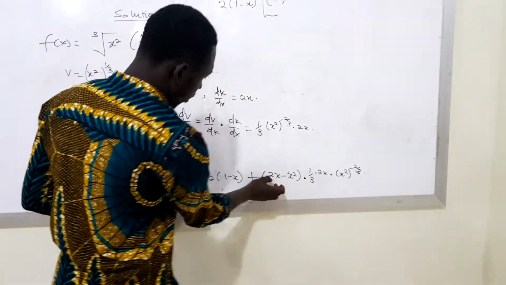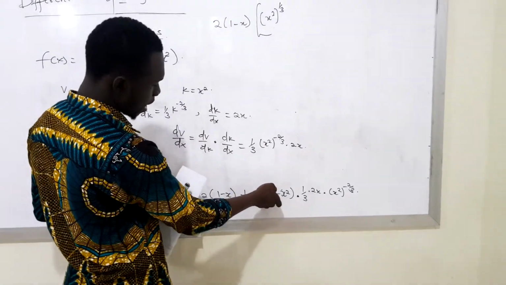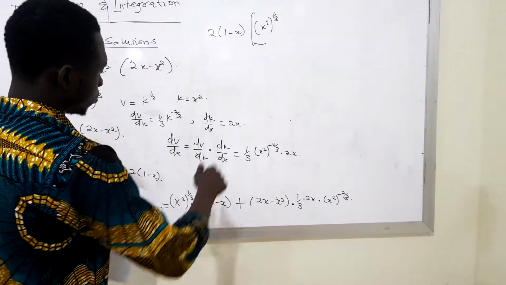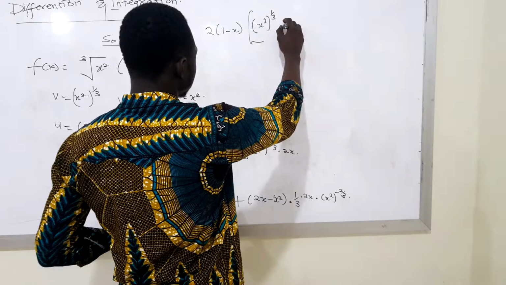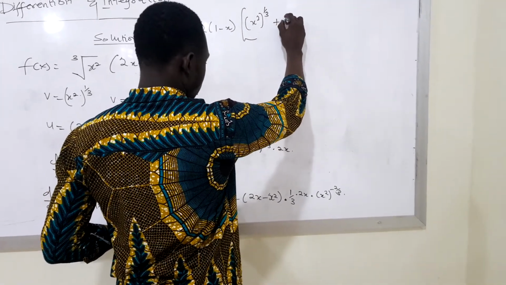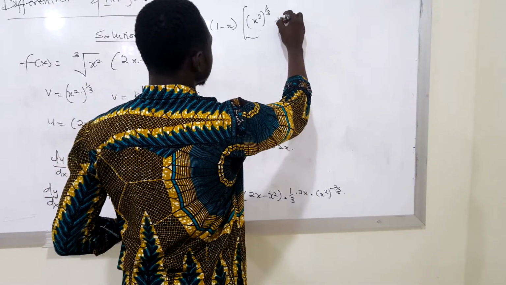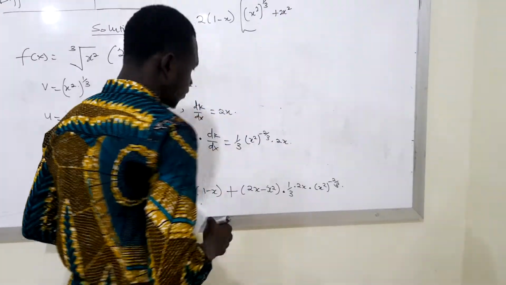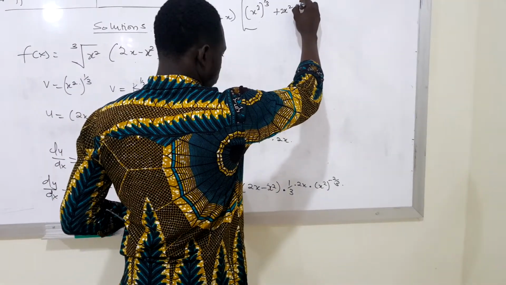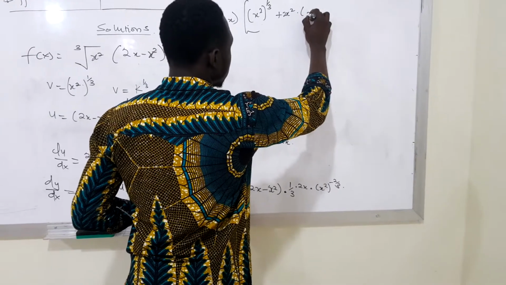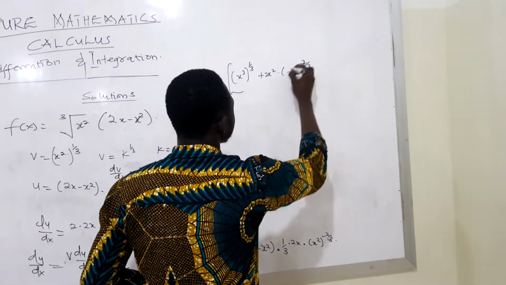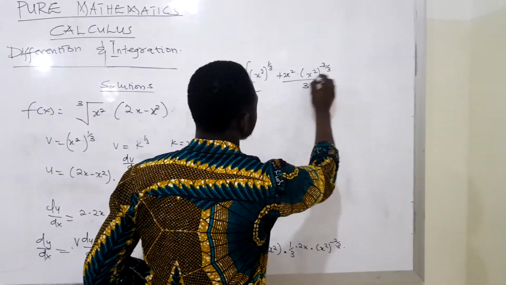Then here, when I factorize 2x, I'm going to get an expression 1 minus x plus x, that is 2x squared. Then multiplying x squared to the power -2/3, all divided by 3.